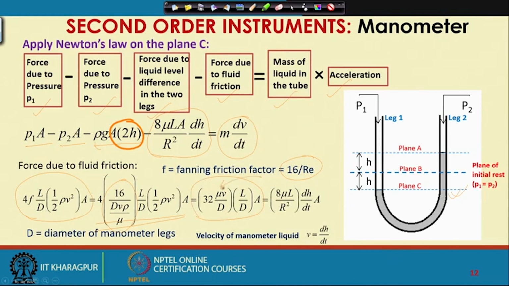Now, V, which is the velocity of the manometer liquid, can be taken as rate of change of h with respect to time. So, V equal to dh/dt. So, finally, the force due to fluid friction can be written as this.